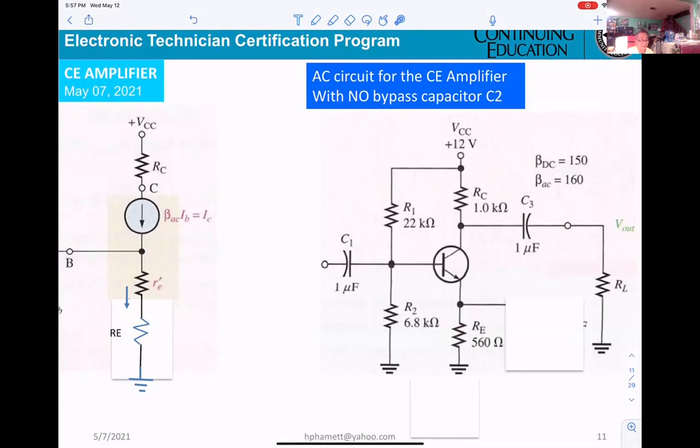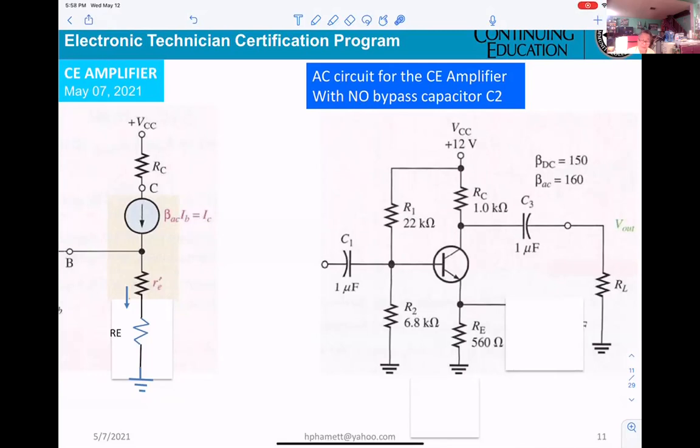That will tell you the voltage from the base to the ground, adding R prime E plus big RE.